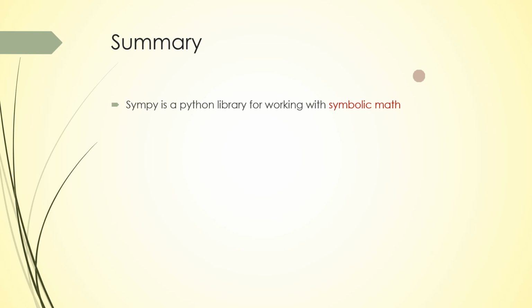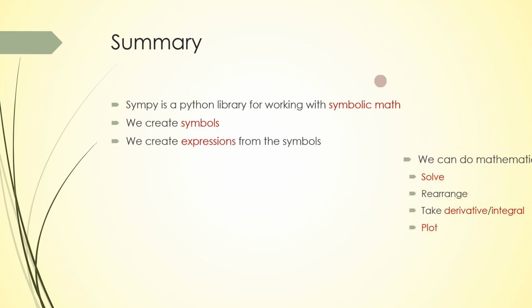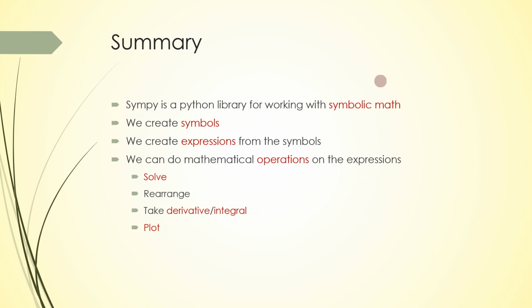So Sympy is a Python library for working with symbolic math, right? Not actual raw numbers, but you're working with symbols, what you're used to doing in all your years of math. So we create symbols, and then we create expressions from the symbols, and then we can do mathematical operations on the expressions. We can solve the expression, right?